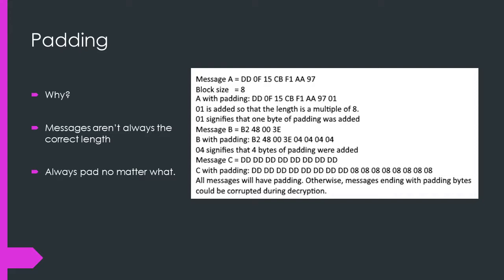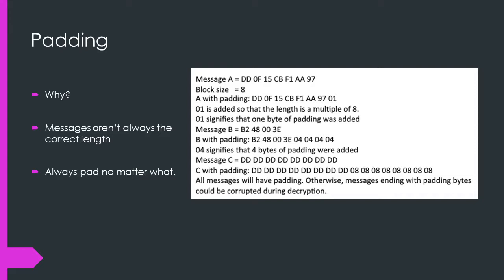We're going to pad A with a very specific set of bytes. Specifically, we take the number of bytes missing, in this case 1, put that into hex form, and append that many, meaning 1, of those hex representations of the number. So in this case, the hex form of 1 is 01, and we need to add on 1 of them, so at the end of the message we put 1 hex representation of 1.